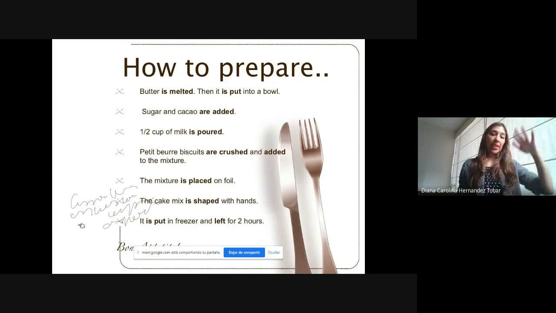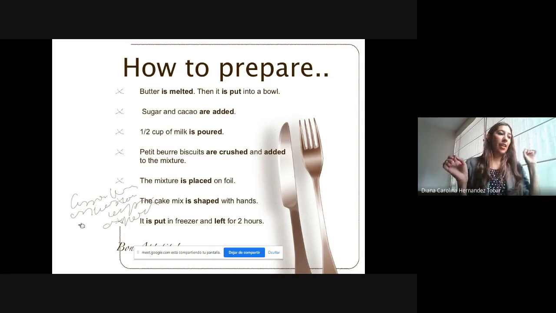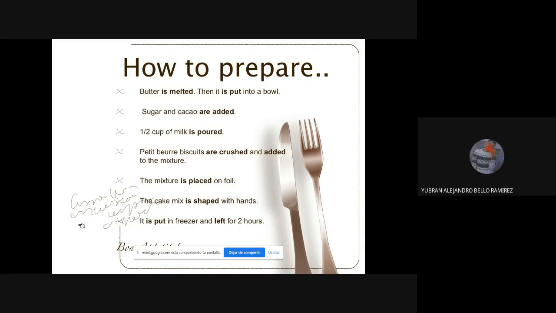First of all, you present the ingredients of your recipe, and then you start making the cake or brownies, whatever you want, a dessert or anything, and you start giving the instructions in your video in passive voice, in this structure, okay? So you record yourself doing it, and you start giving the instructions.